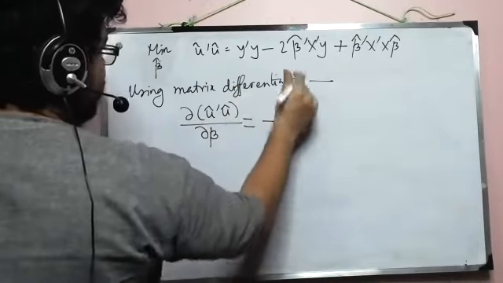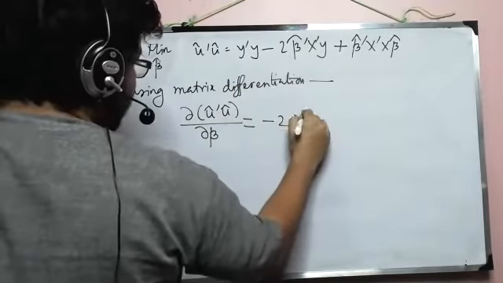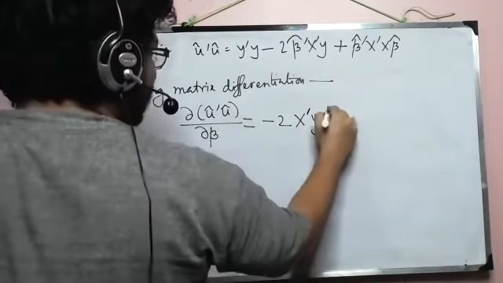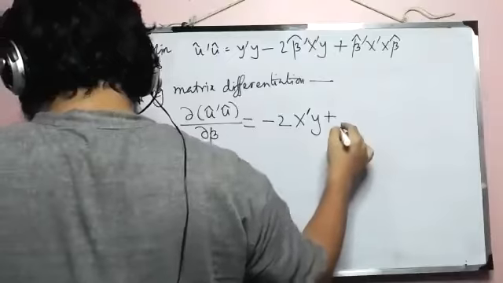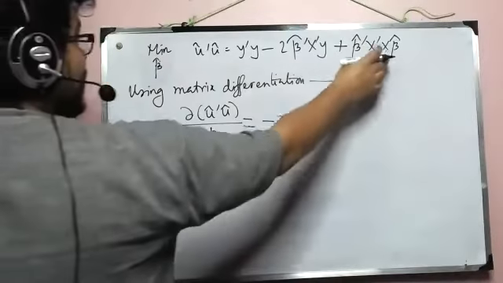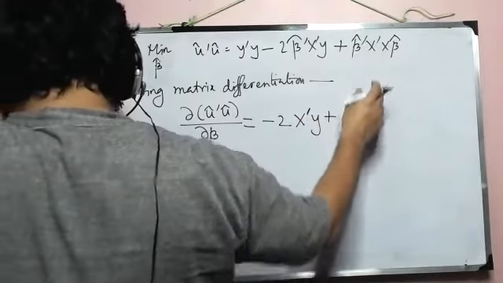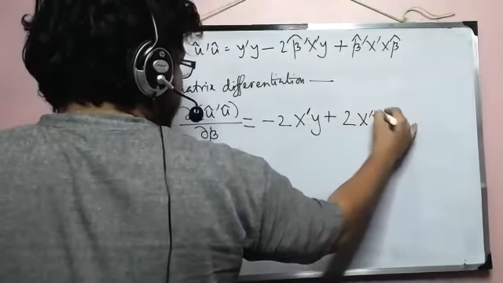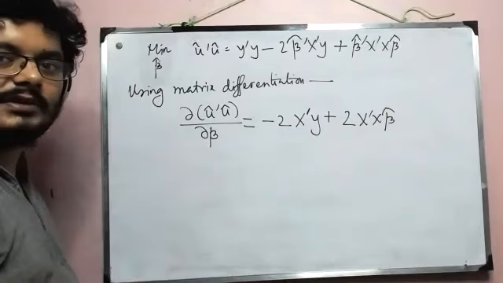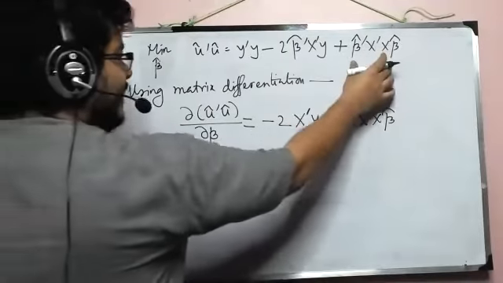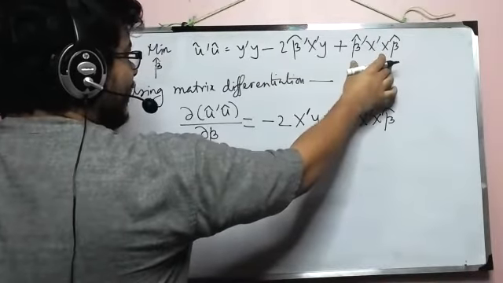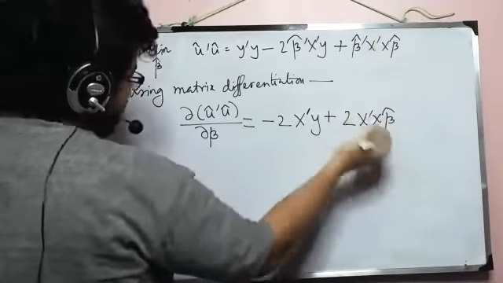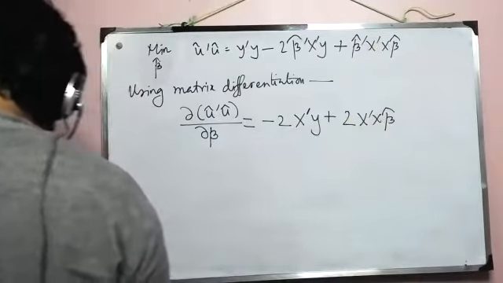Then the minus 2 beta hat term will be, after differentiation, x transpose y. And plus, here this is basically a square, so this will be 2 x transpose x beta hat. Like usual differentiation, the 2 comes down and the x transpose x remains the same.